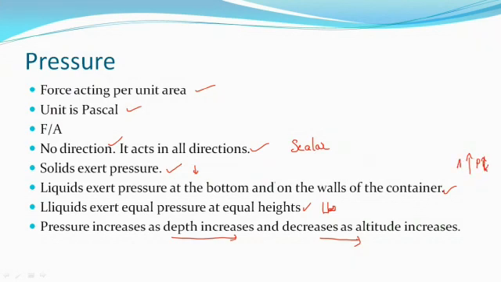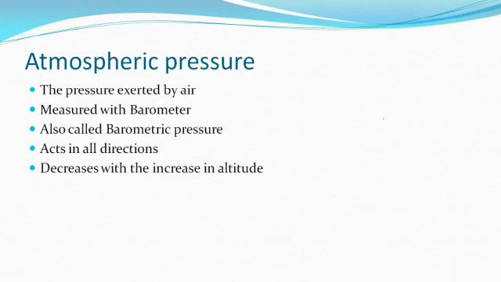In atmospheric pressure, we said we'll come back to it in the next topic. Atmospheric pressure: the pressure exerted by air is the atmospheric pressure. And we also said that it is measured with the help of a barometer, and so it is also called barometric pressure. And this also acts in all directions, and the atmospheric pressure decreases with the increase in altitude.